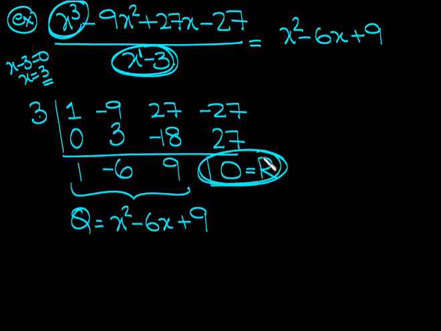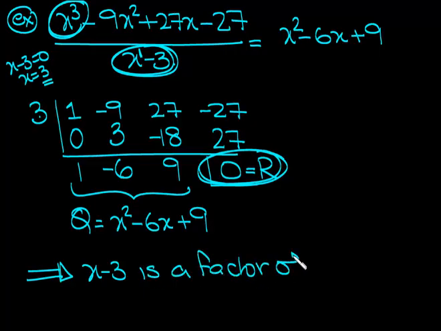Now before I go any further, I mentioned something about when the remainder is 0. What does that tell you? So this implies that x minus 3 is a factor of x cubed minus 9x squared plus 27x minus 27.